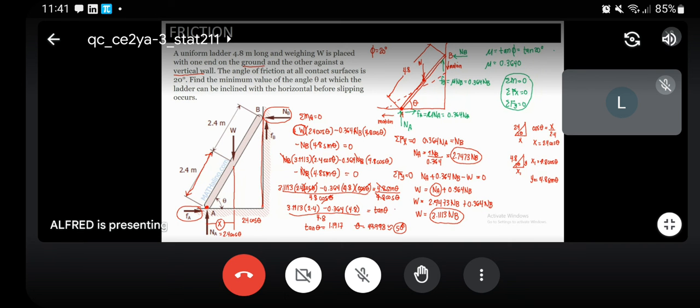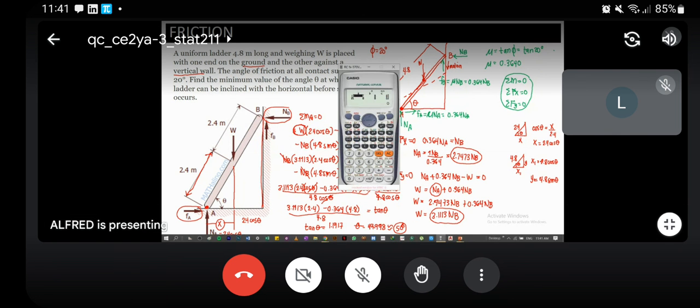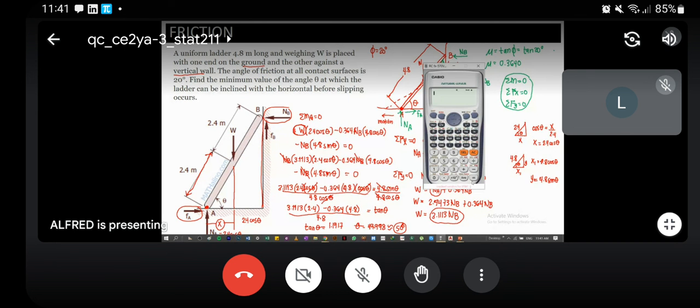Or you can use shift solve. Pwede mong gamitin si shift solve. Meron na yata akong value ng x dito eh. Wala. So, this is 3.1113 times 2.4 cosine of x. Since x yung unknown natin, no?